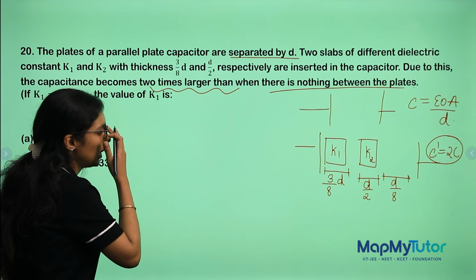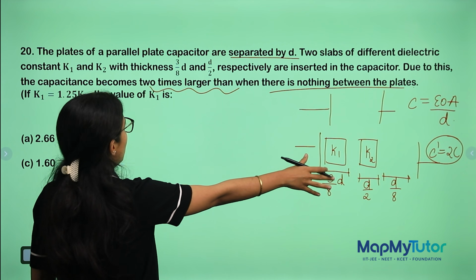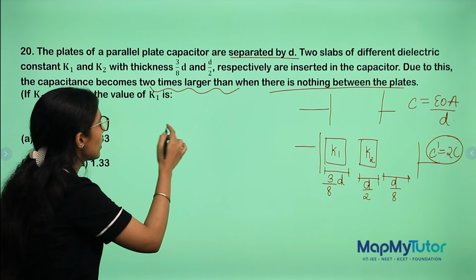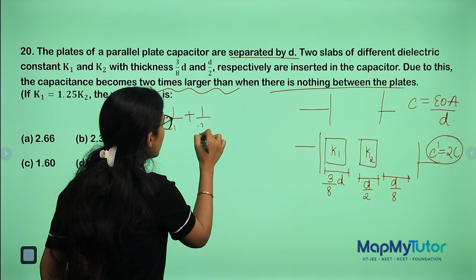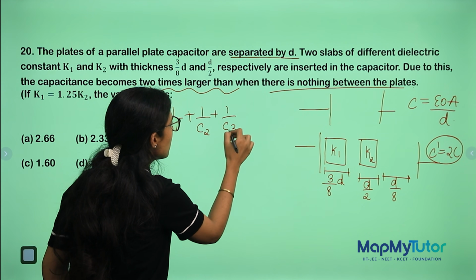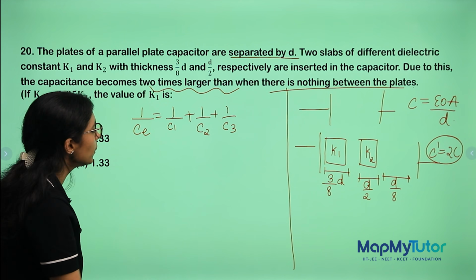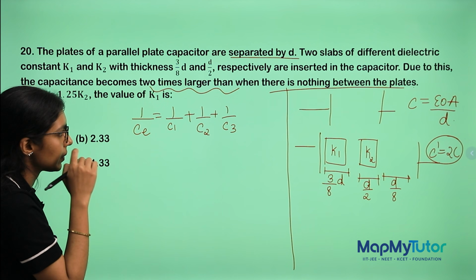Now we are going to find it out. As they have kept them in series, what is the effective capacitance? 1 by CE equals 1 by C1 plus 1 by C2 plus 1 by C3. This is a basic formula which you all must know. Now we will substitute the values.